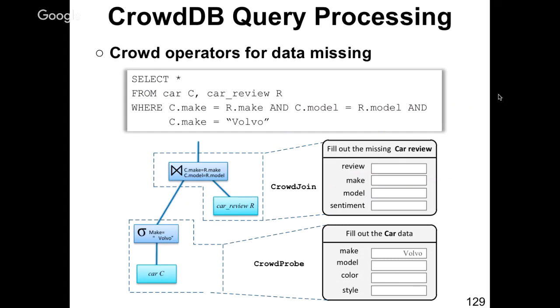This process will ask the crowdsourcing workers, give me some more Volvo cars and fill in the detailed information of the cars. And then it will introduce a CrowdJoin operator. That operator will, on demand, initialize a user interface to ask the crowdsourcing workers to input some car reviews that could be joined with the existing car information data.